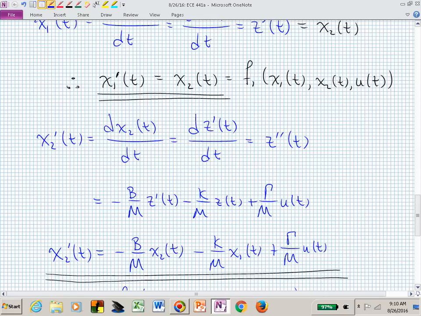This is now our second first-order differential equation. It's first order because it's one of our state variables differentiated once, and the right-hand side only contains linear combinations of our state variables, x1 and x2. They're just being scaled by coefficients, and our input.